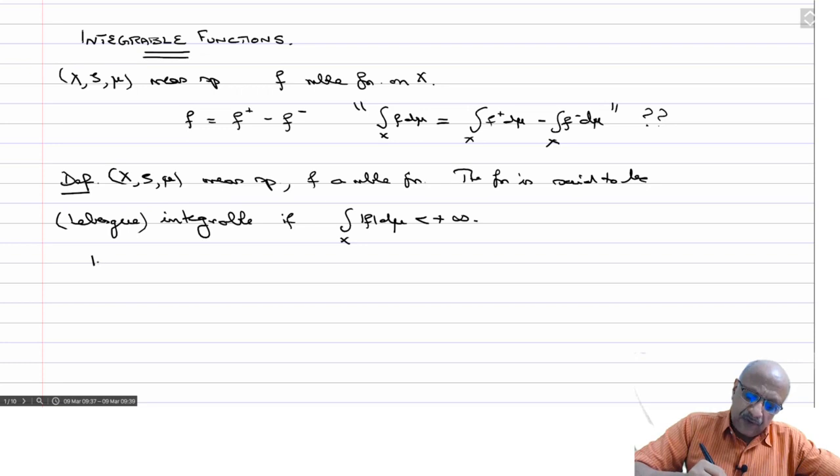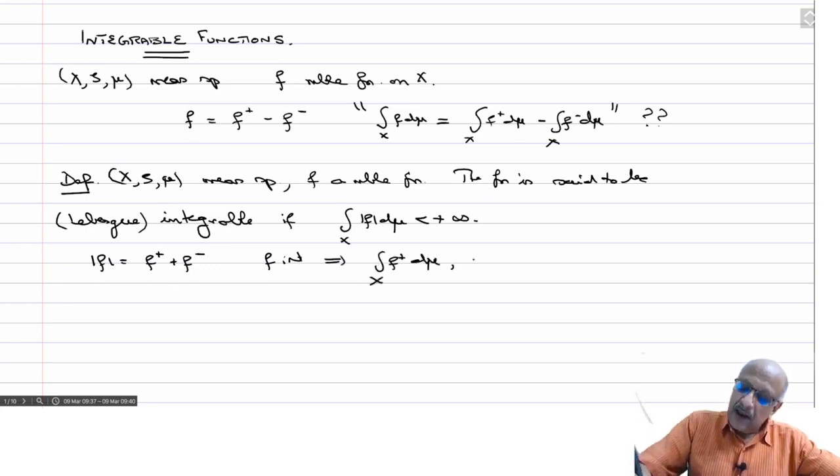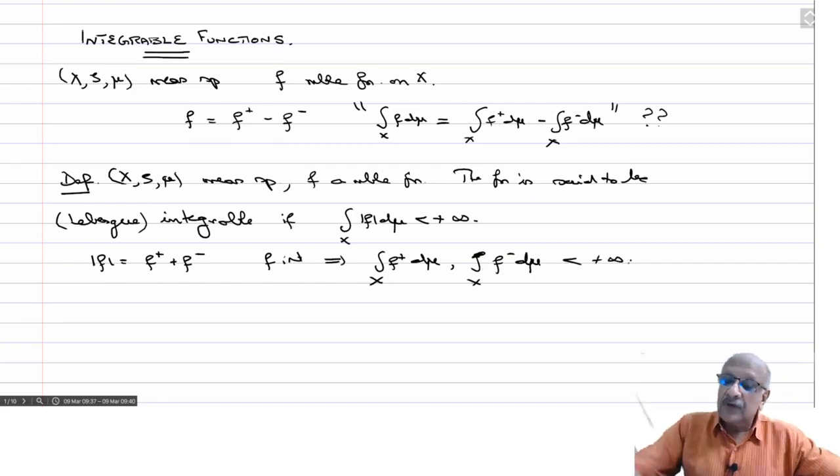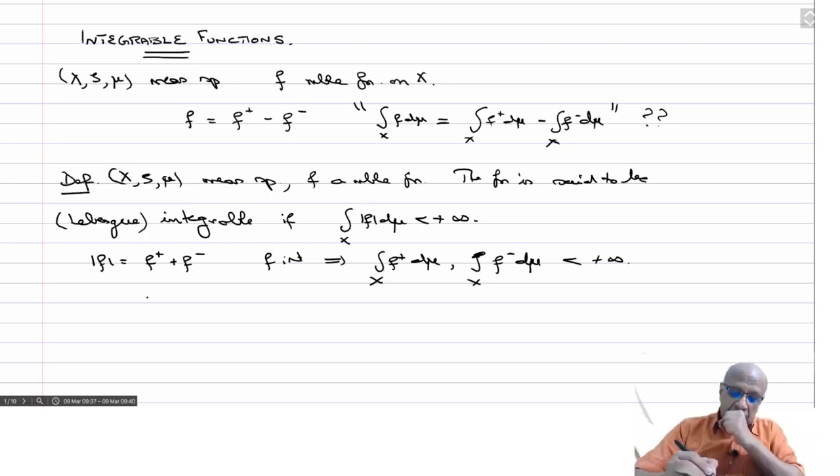Now mod f, if you remember, is f plus plus f minus. So if the integral of mod f is finite, so f integrable implies integral f plus dμ over X and integral f minus dμ over X are both finite, and therefore there is no difficulty in defining the difference which we have.